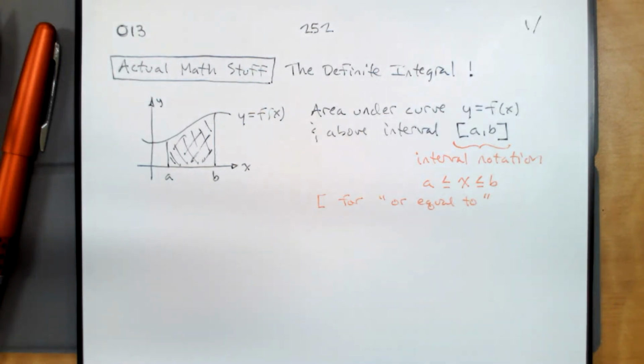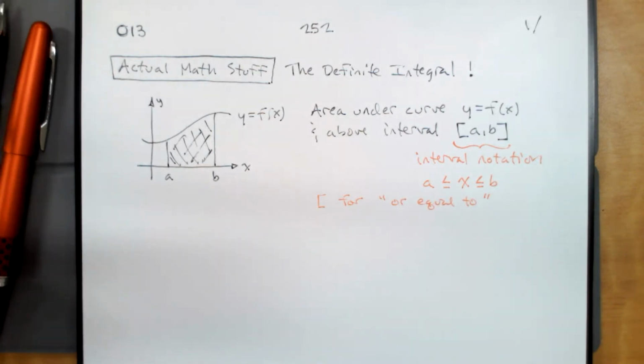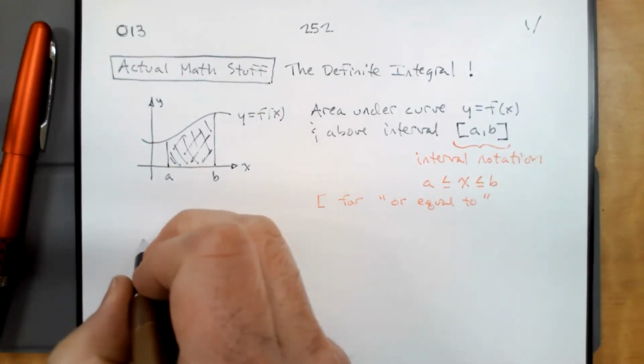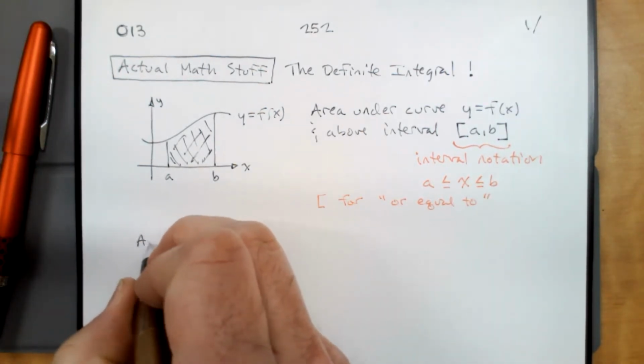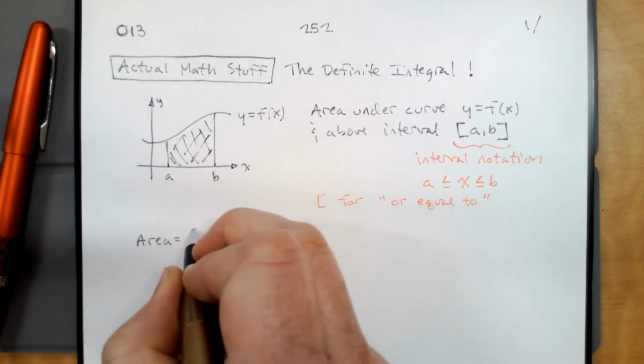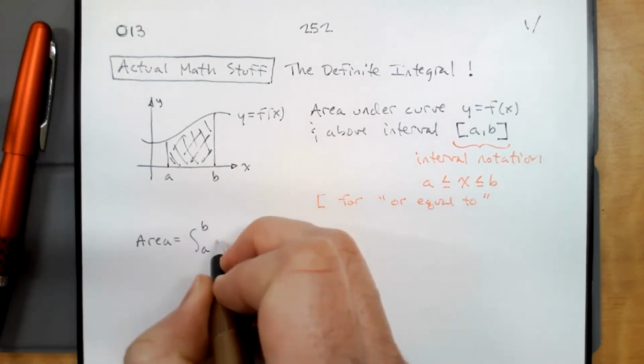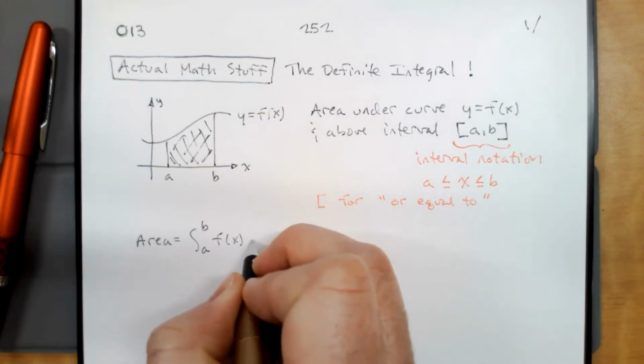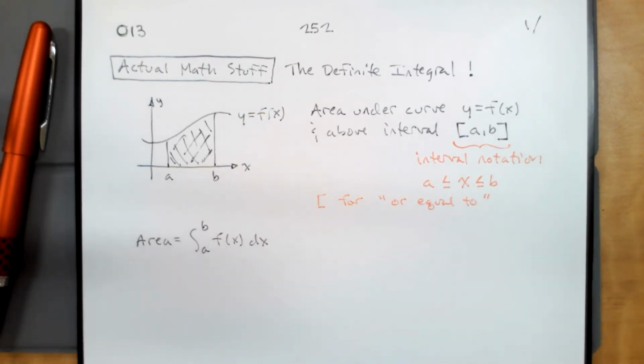And we have math symbols for this. We can write this as the definite integral from a to b of f of x dx. That's the definite integral of f of x dx from a to b.